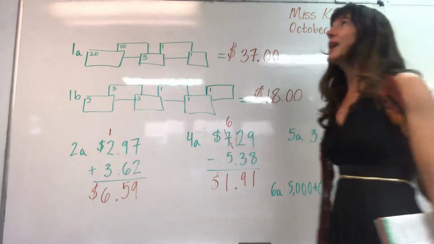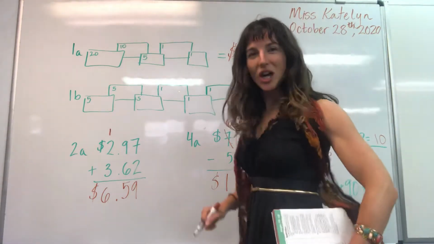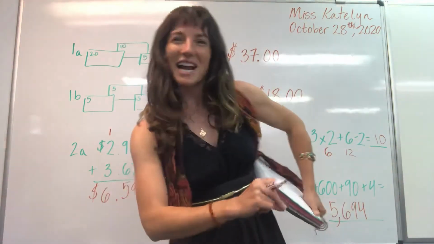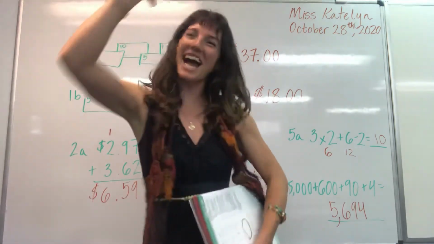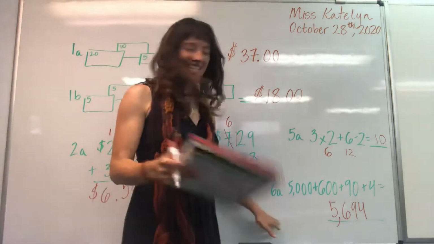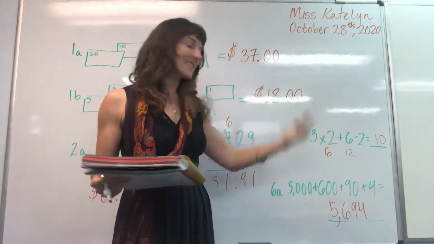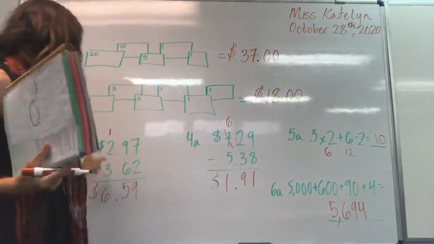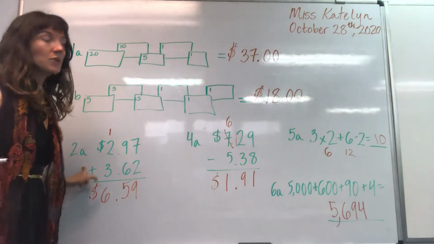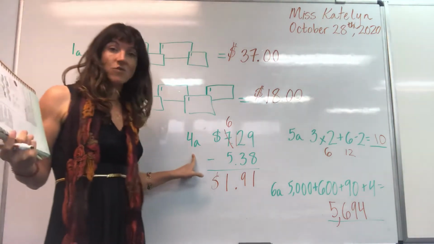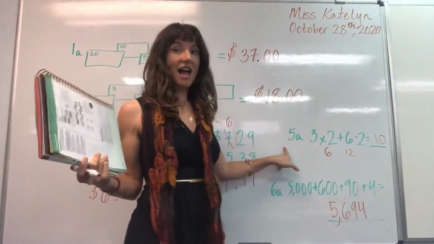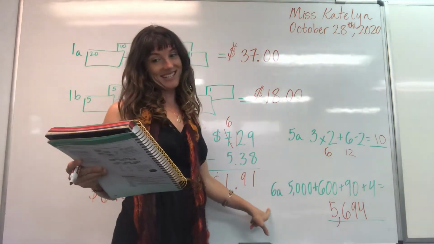Booyah, kasha. Boom, shakalaka. Okay. 6B, 6C, 6D, those are the exact same thing as 6A. So I've done the first one of section 2 for you. I've done the first one of section 4. I've done the first one of section 5, the first one of section 6.